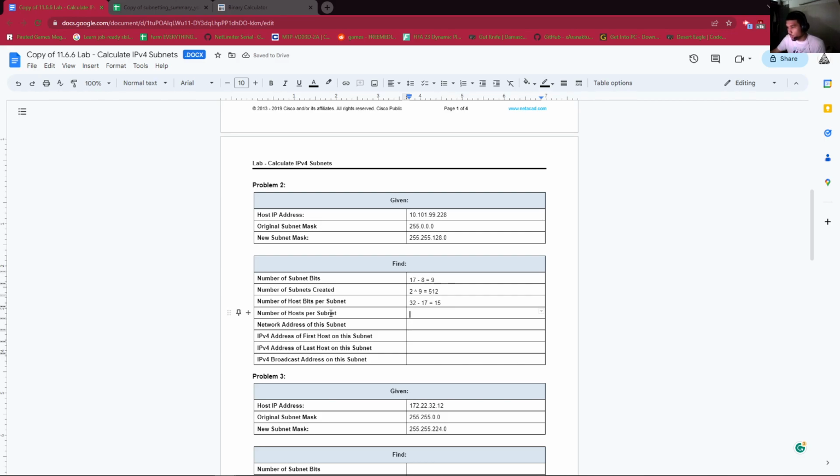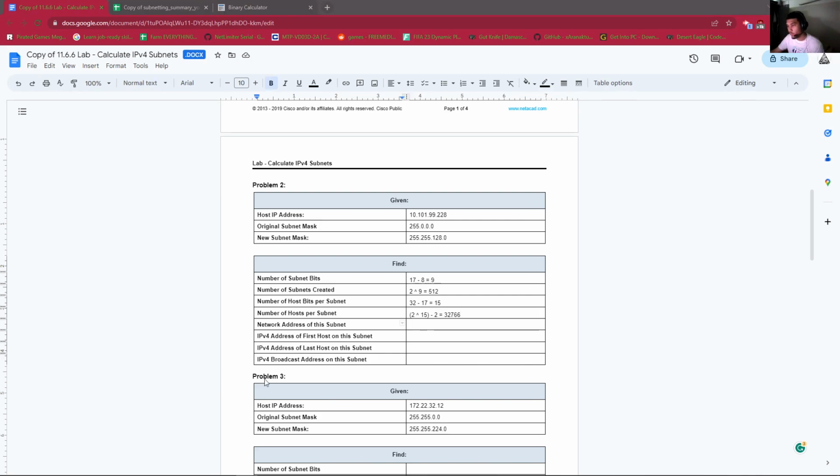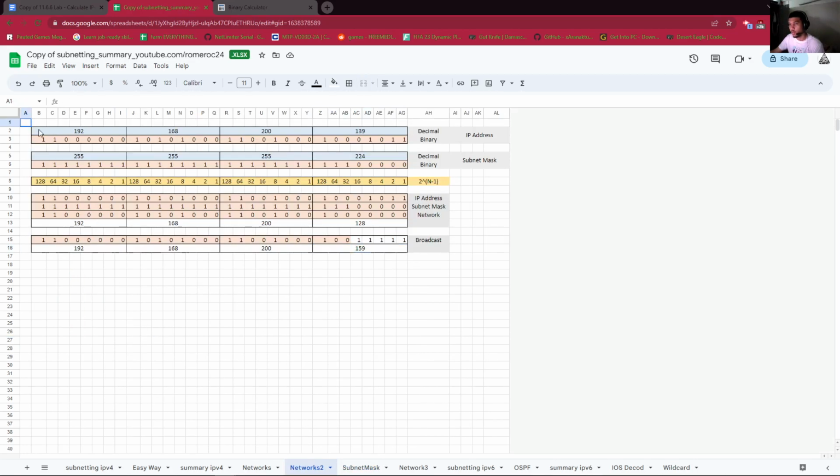And for the number of hosts per subnet, which is 2 to the power of 15, the power of the number of host bits per subnet, and we minus it with 2, which once again is representative for the network address and broadcast address. So 2 to the power of 15 minus 2, we should get 32,766.